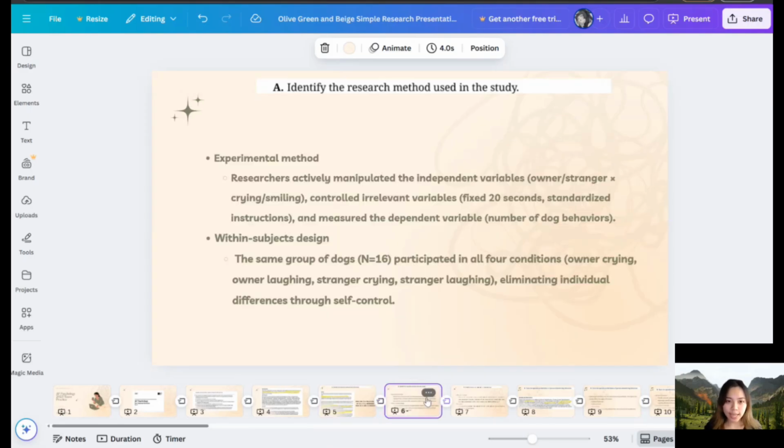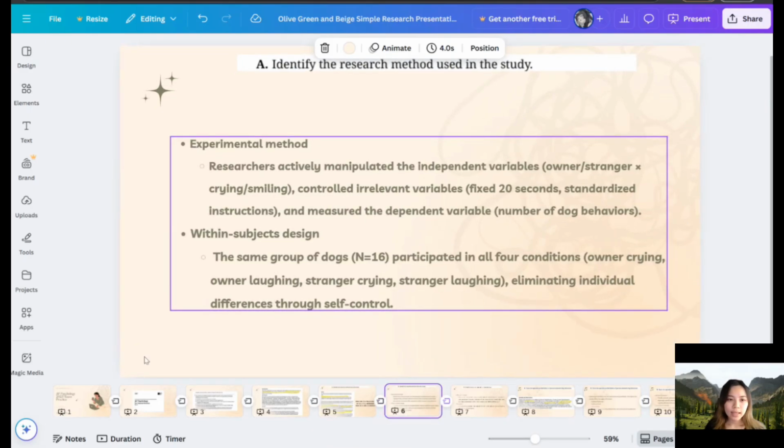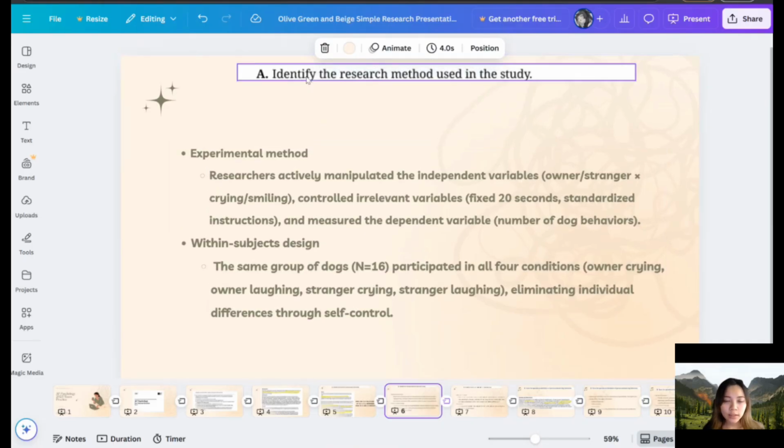Let's go into the answer part. In order to identify the research method, we need to know what method they used, right?